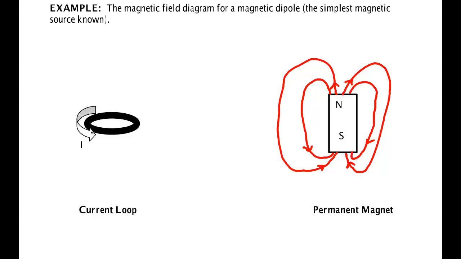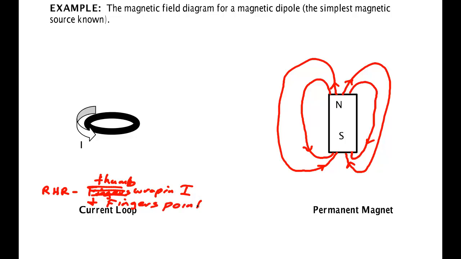You can also have a current loop. And if you want to find the north and south of this current loop, put your fingers by the right hand rule: thumb wraps in I, and fingers point along B. And we'll show you this later.